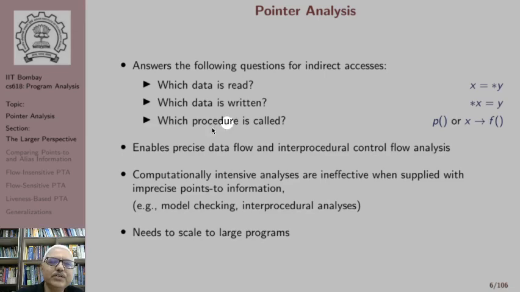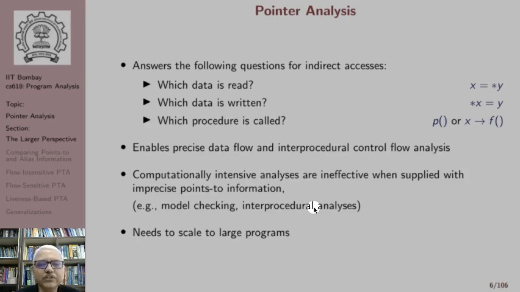In particular, pointer analysis enables precise data flow analysis and precise interprocedural control flow analysis. So computationally intensive analyses are ineffective when supplied with imprecise points to information. For example, model checking, interprocedural analyses. So if you don't know which procedure is being called, you will have to assume that all possible procedures are being called. If you don't know which pointer is being written into, you will have to assume that all pointers are being written, or all data locations are being written into.